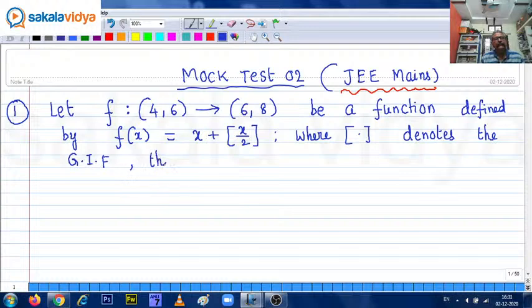Then f inverse x equals to, that means the inverse of the function we need to find out.